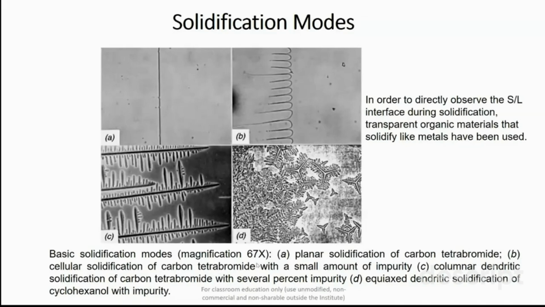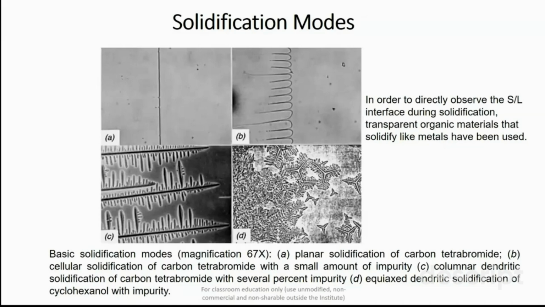As this is a transparent material, and the mold in which they solidified it is also transparent in nature, the transparency in the mold cavity and in the carbon tetrabromide material has enabled them to capture the solidification microstructure using in situ metallography.